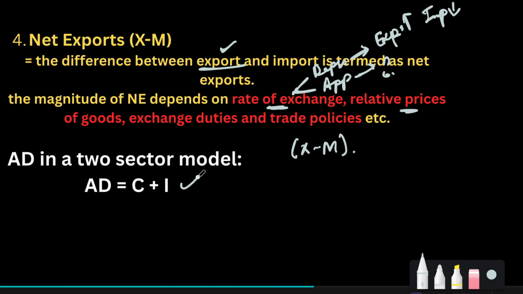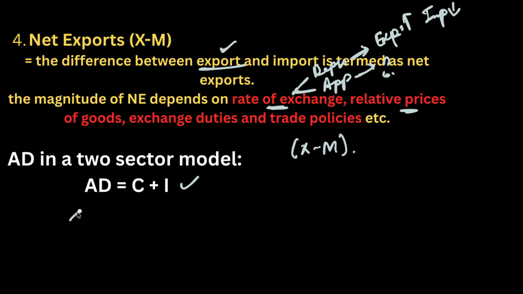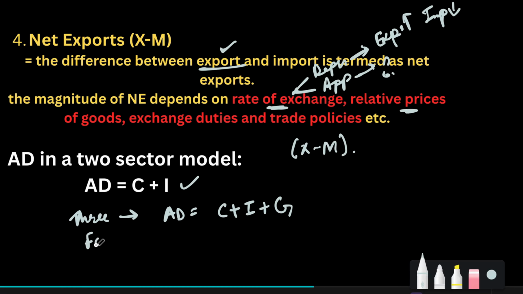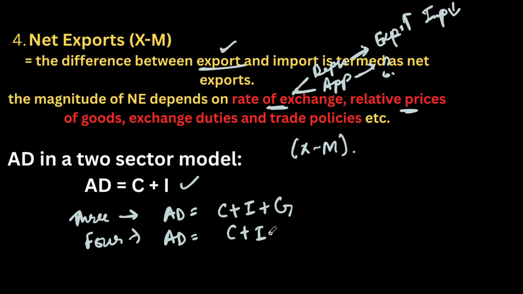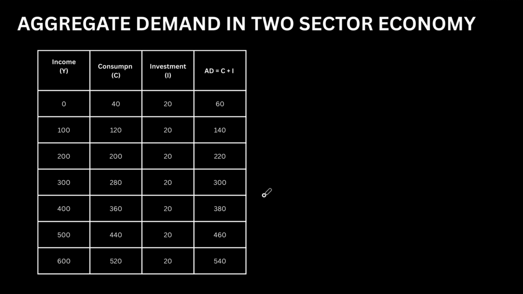If you are asked to give it for a three sector economy, then you add: AD is equal to C plus I plus G. If you are asked to give it for four sector, then you add the last component, which is C plus I plus G plus export minus import, right?